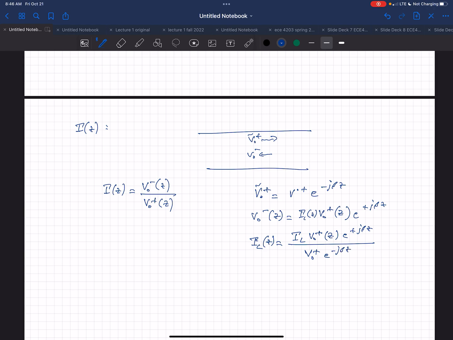So the V0s cancel each other out, this guy goes on top, and you end up with gamma of z is equal to gamma sub L e to the plus 2j beta z.